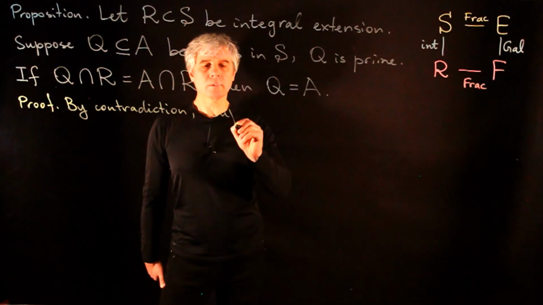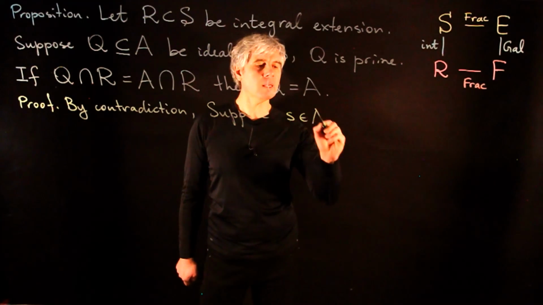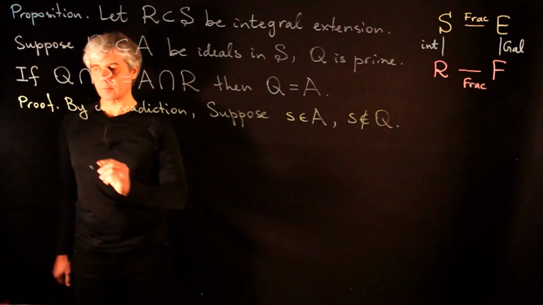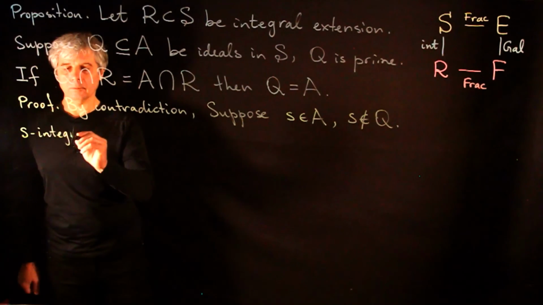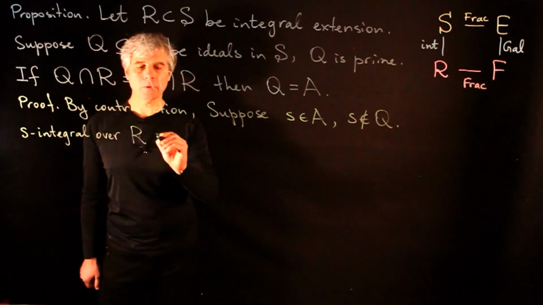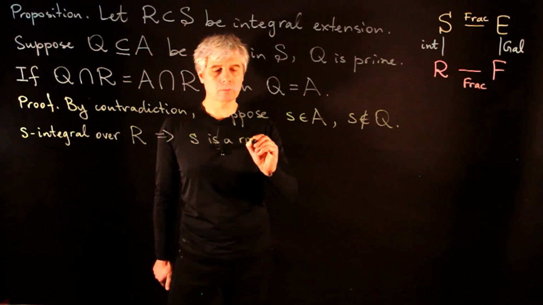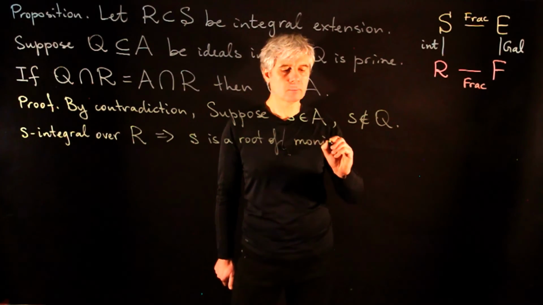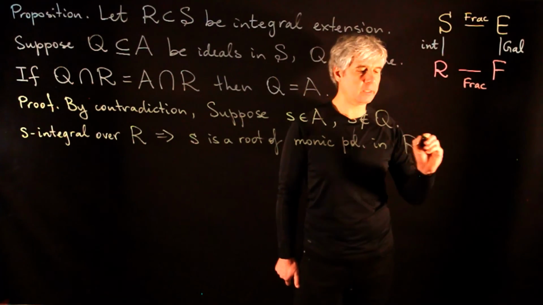So suppose s is an element of A which is not in Q. Since s is integral over R, this tells us that s is a root of some monic polynomial in R[x].